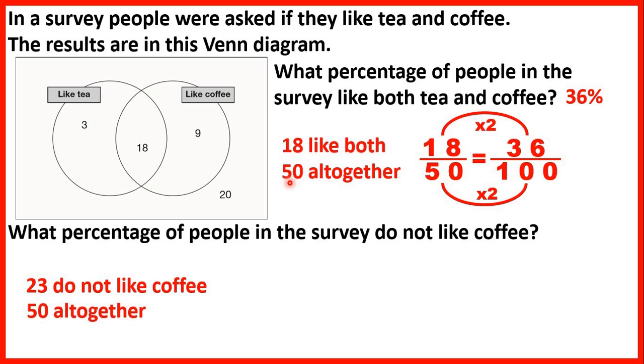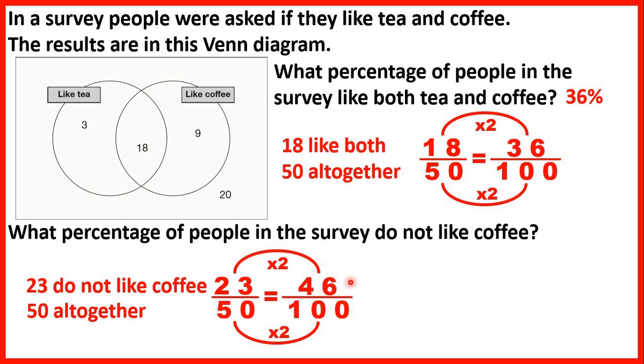We have 50 people in the survey, but again, we need to find an equivalent fraction with a denominator of 100 because we need a percentage. 50 times 2 is 100, 23 times 2 is 46, so that's 46%.